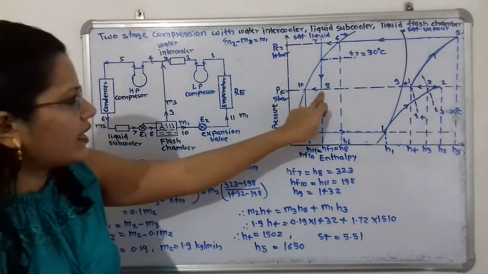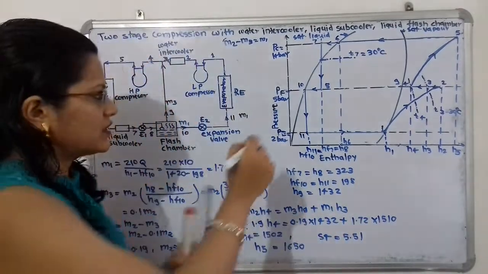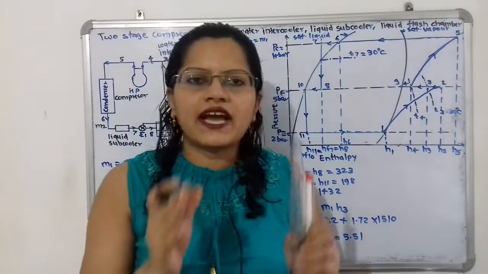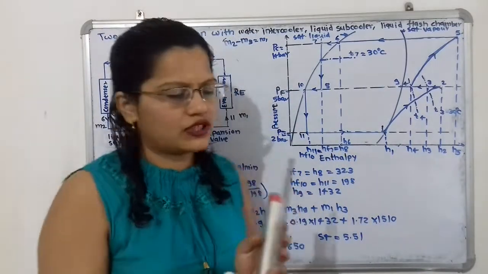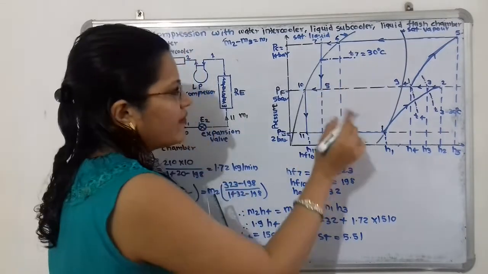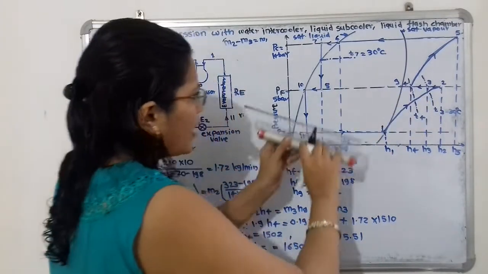So from point 8 there are two ways. Here at point 8 the refrigerant is a liquid plus vapor mixture. Then what is happening? Only the vapor is getting passed through this process 3 to 4. So I will show it here.